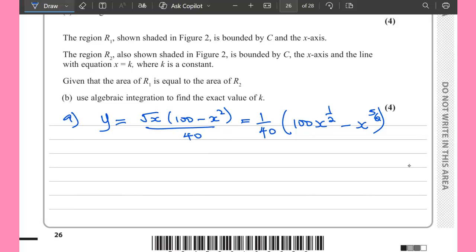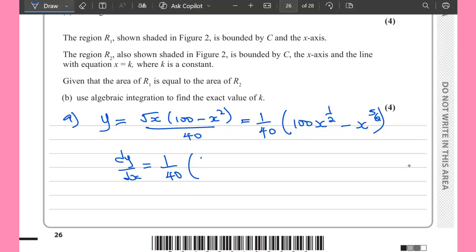Now we can differentiate this function with respect to x, keeping the constant factor 1 over 40 outside for now, so that dy/dx will be 1 over 40 times a bracket.